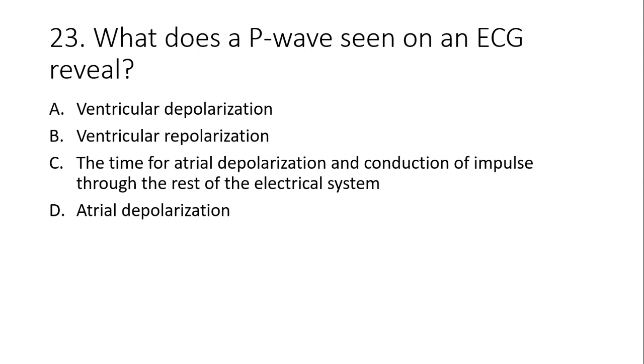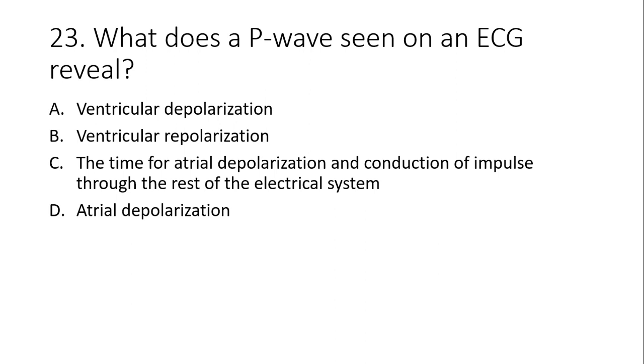And then lastly, the time for atrial depolarization and conduction of the impulse to the rest of the electrical system. I don't know if that's something we really need to know, but it's an answer choice, and I'm asking you. Is that the PR interval? Yes. So the PR interval is inclusive of the P wave, whereas the PR segment is from the end of the P wave to the QRS complex.